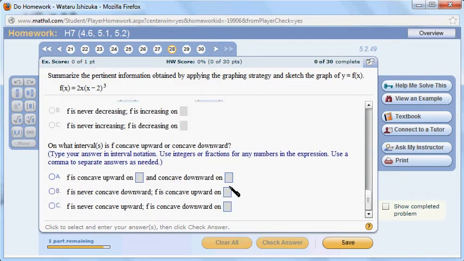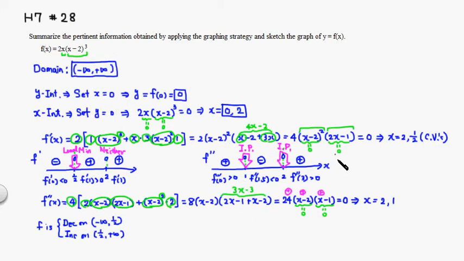Alright, got it. Alright, on what interval is f concave upward and downward? So let's look at that. Alright, so looking at this number line, we can determine, so f is concave upward on, alright, so it's positive here and positive there, so it's going to be from negative infinity to 1, and also 2 to positive infinity, and concave down between 1 and 2.